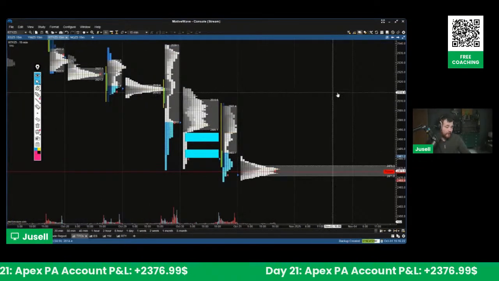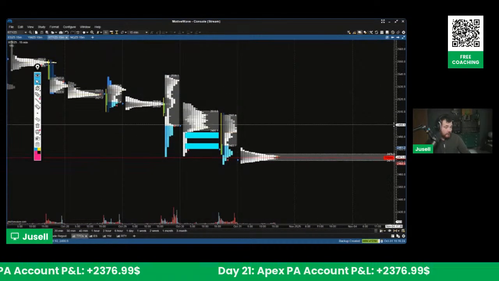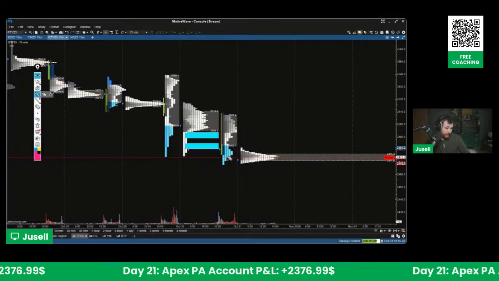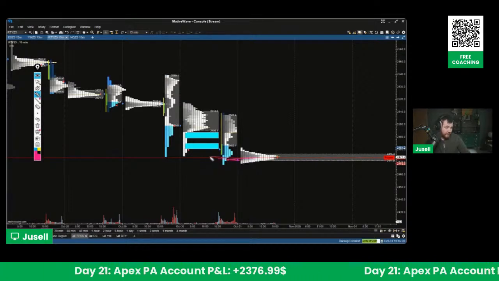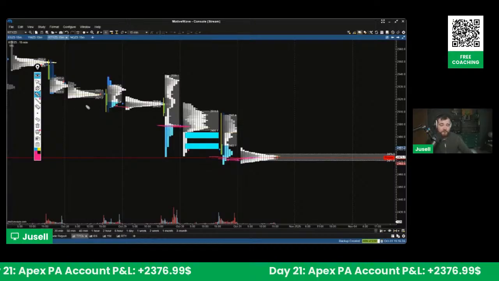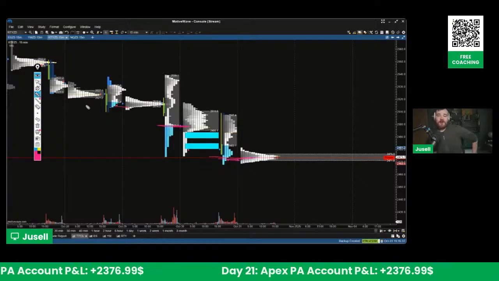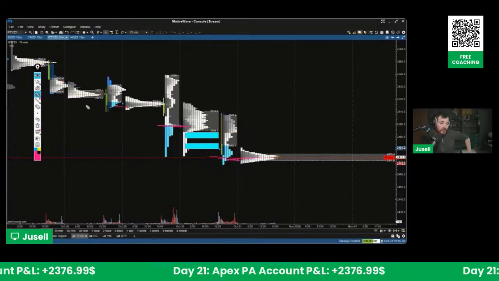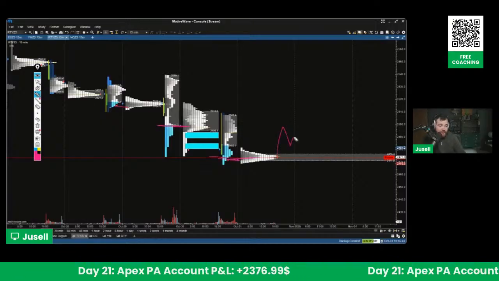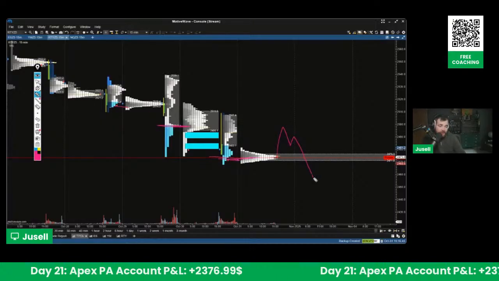Then we have RTY. RTY also quite bearish. We have a bearish close. So the latest three closes are bearish. What I would want to see is a push up to value, neglect value, and move down and take the previous close.